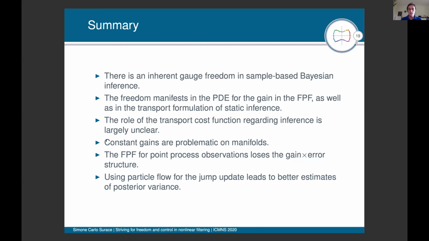This is also an interesting takeaway: this gain times error structure, while it is always present in the filtering equation, doesn't necessarily have to be present in the particle dynamics corresponding to this filtering problem. And using a particle flow method, we can actually get better quantification of uncertainty.